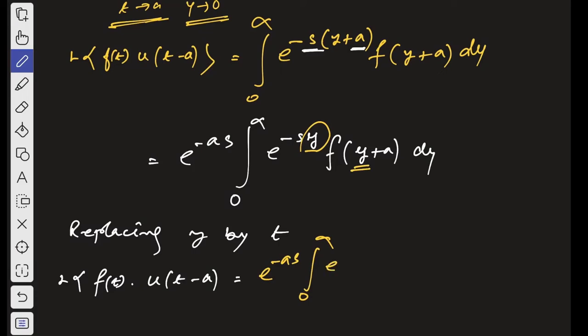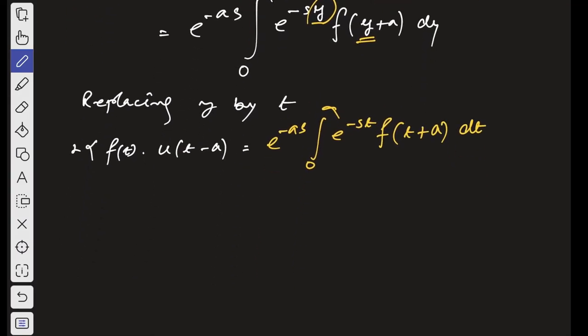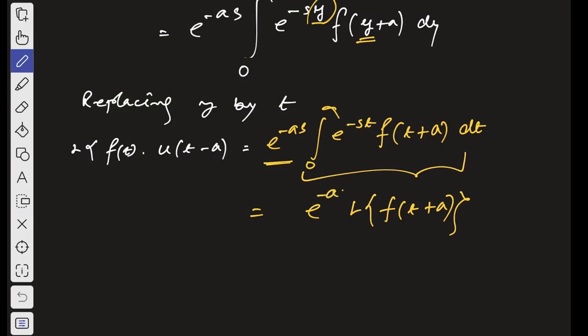What we have done is y is replaced by t, so e to the power minus st f of t plus a dt, right? That's what we will get. Then by the definition of Laplace transformation, this part is equal to the Laplace transformation of f of t plus a, and this part stays as it is, right? So this is the proof of our theorem.